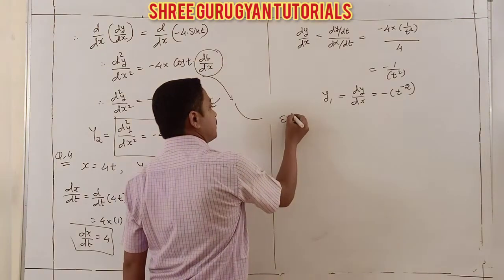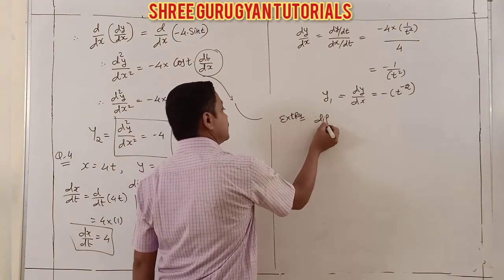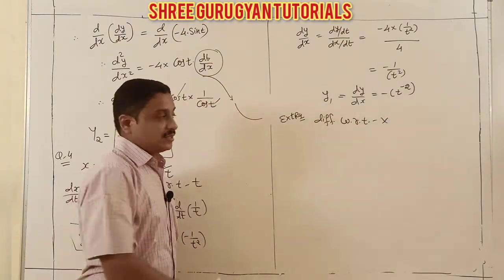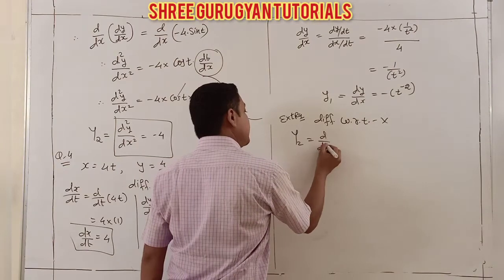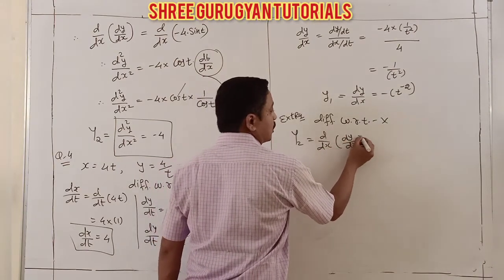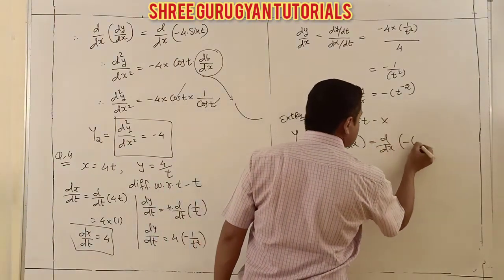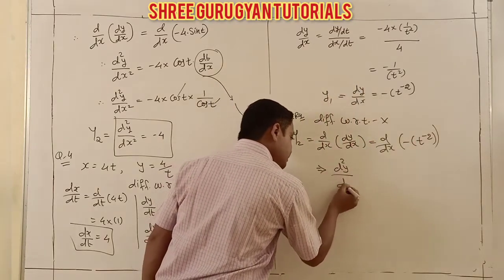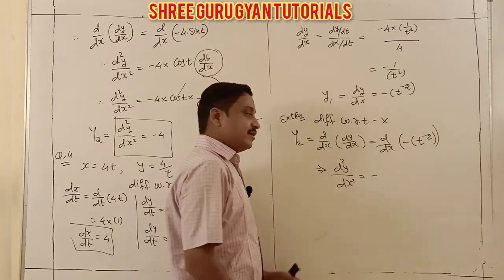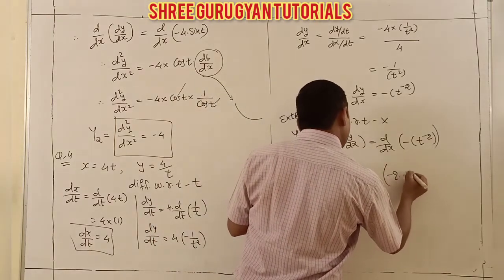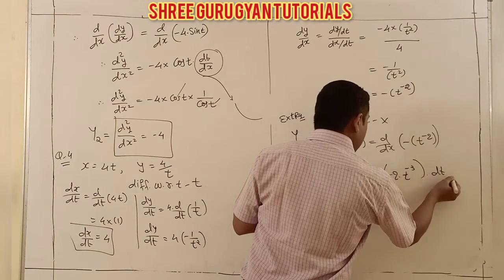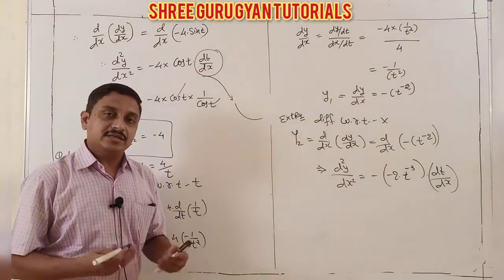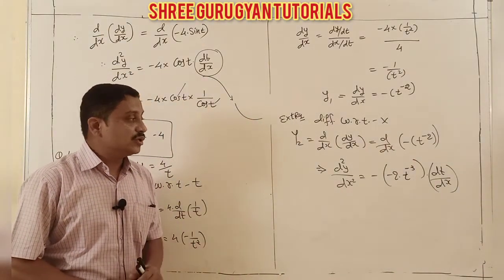Again start differentiation with respect to x, and you get y2, d by dx of dy by dx, which is d by dx of minus t raised to minus 2. So d square y by dx square: minus carried outside, and the derivative gives minus 2 t raised to minus 3, and lastly dt by dx as it is with respect to x.